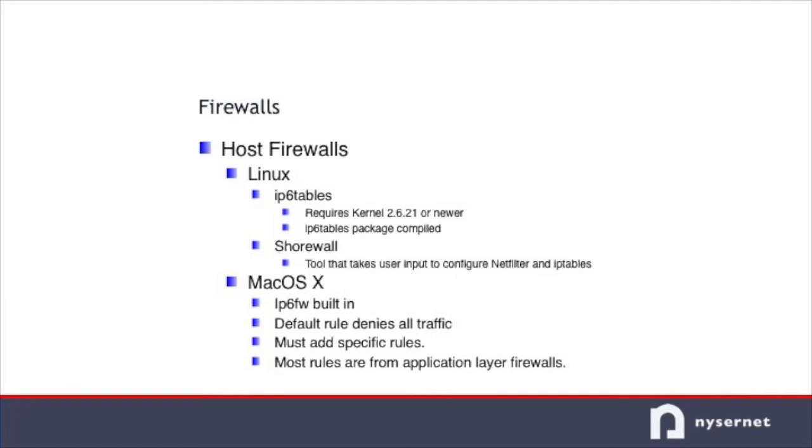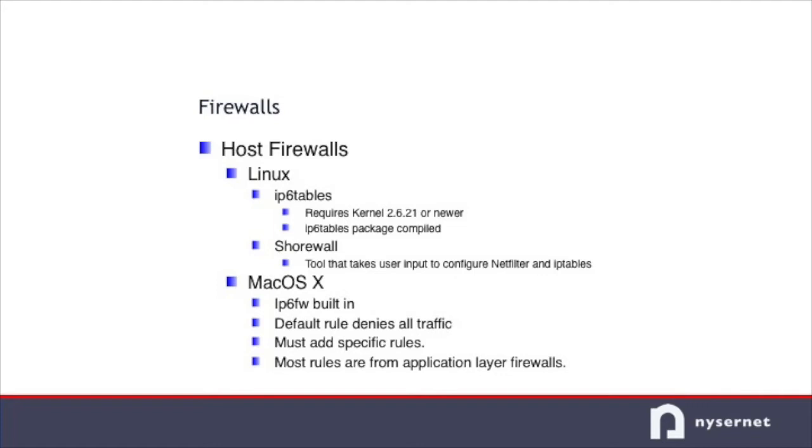Host firewalls. As we've been saying throughout, in most cases, hosts are further in advance of many of the other devices that are out there. So Linux, you have ip6tables, which is the one most people use. That's been around for a while and works perfectly fine. Mac OS X and beyond, IPv6 firewall.